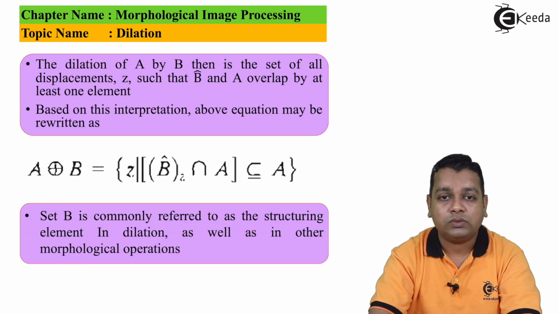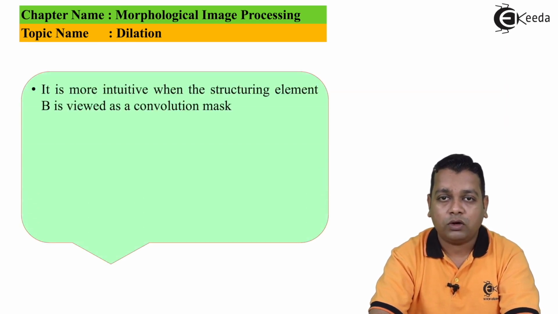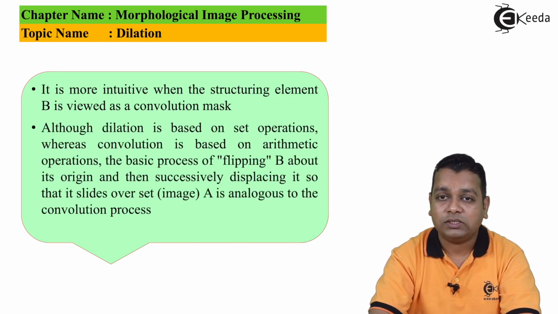The set B is commonly referred to as the structuring element, as I said, and in the dilation as well as in the other morphological operations also. Now it is more intuitive, the equation we are talking, when the structuring element capital B is viewed as a convolution mask also. Although the dilation is based on the set operations, whereas the convolution is based on the arithmetic operations.